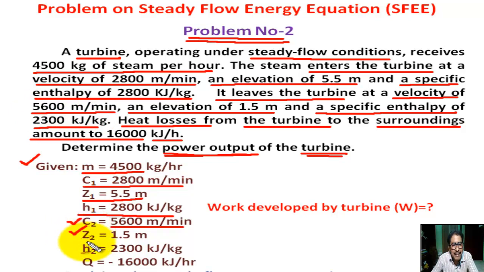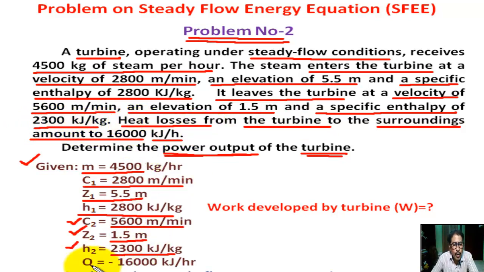Z2, elevation at the outlet, 1.5 meter. H2, specific enthalpy at the exit, at the outlet, equal to 2300 kilojoule per kg.